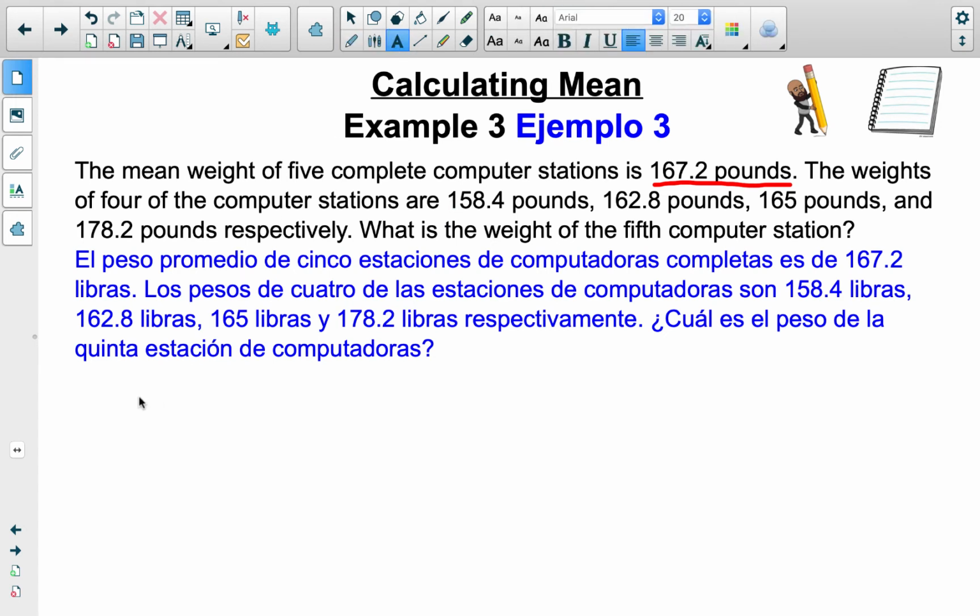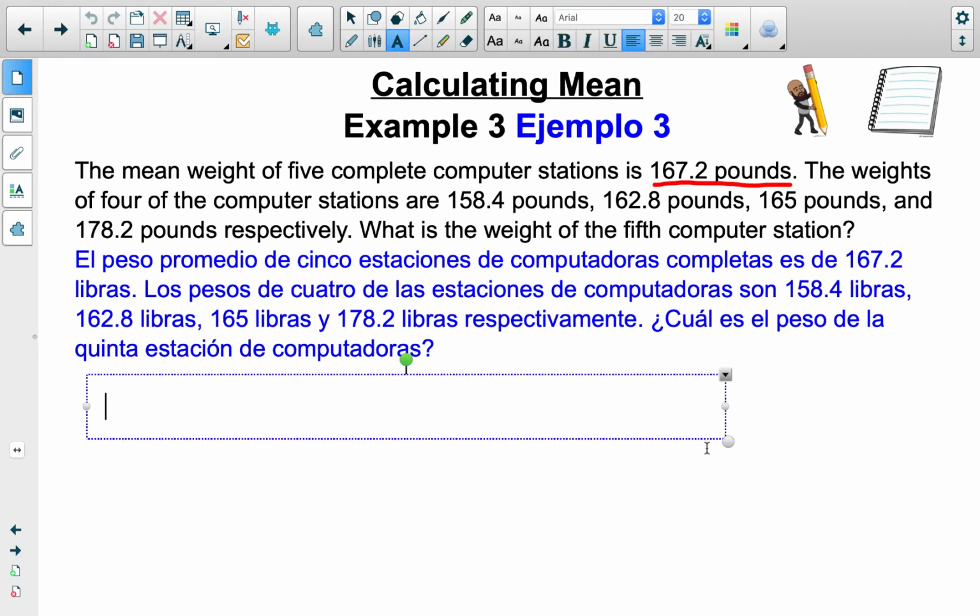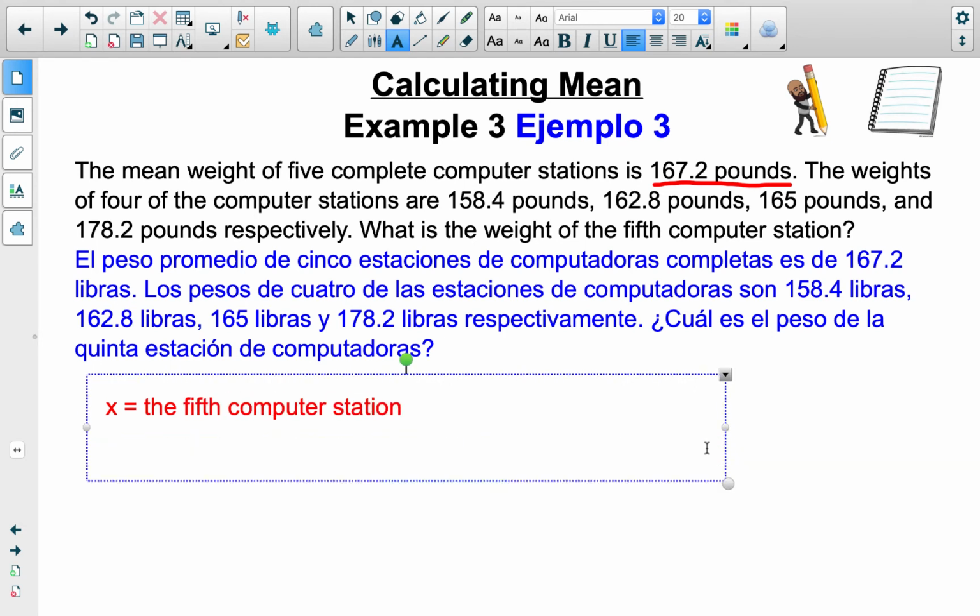I'm going to move through this example a little quicker because it's the same general idea. This time I'm going to make X stand for the 5th computer station. So 158 and 4/10 plus 162 and 8/10 plus 165 plus 178 and 2/10 plus X.